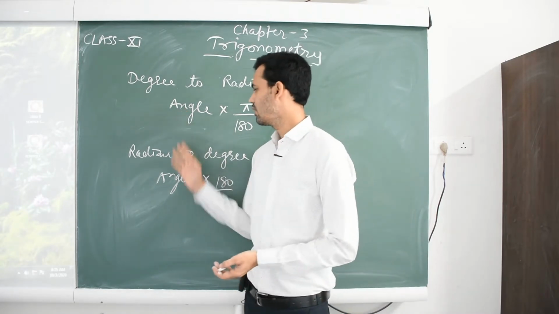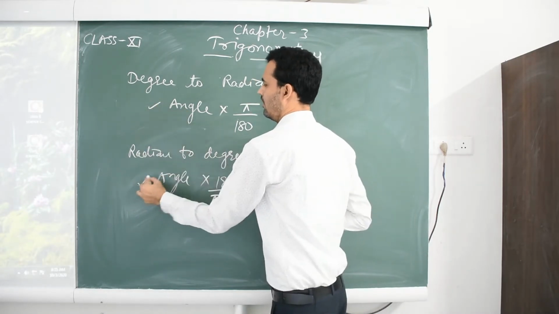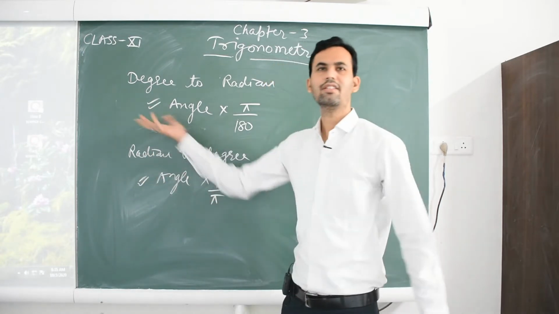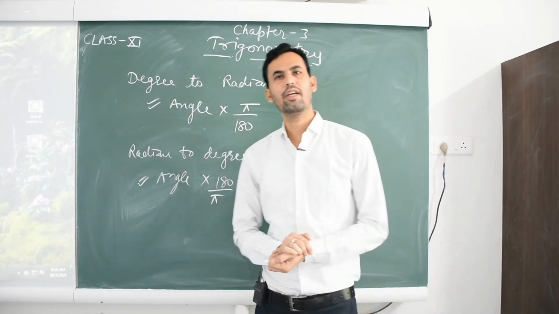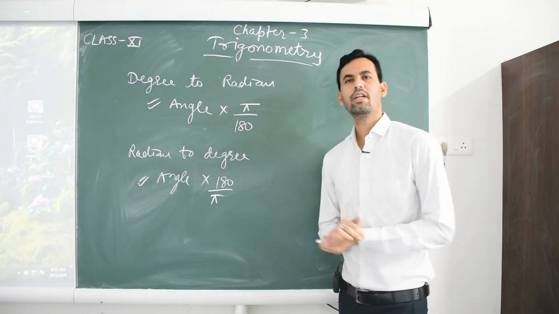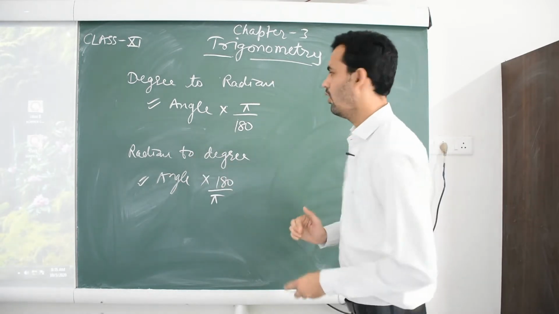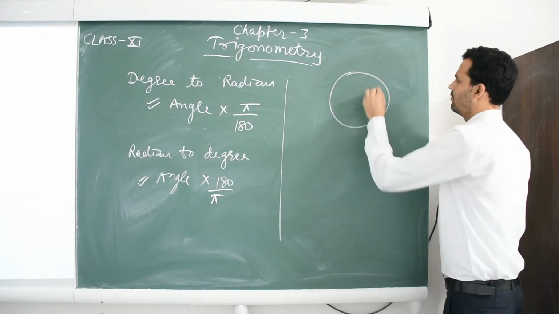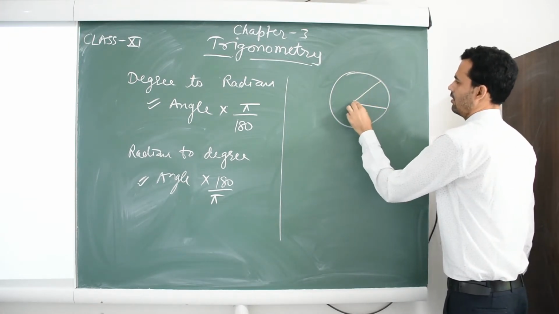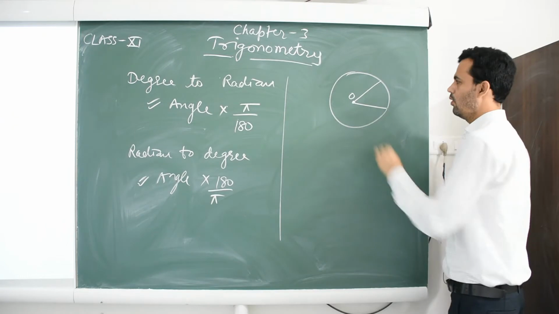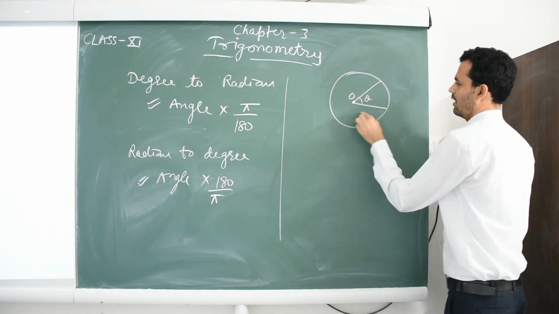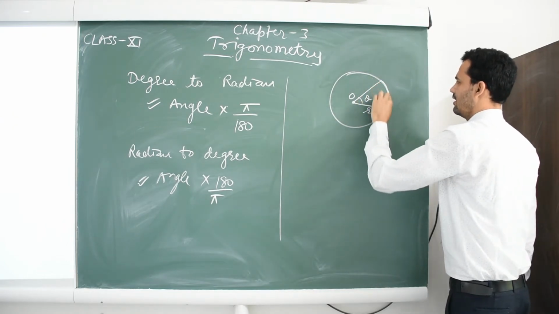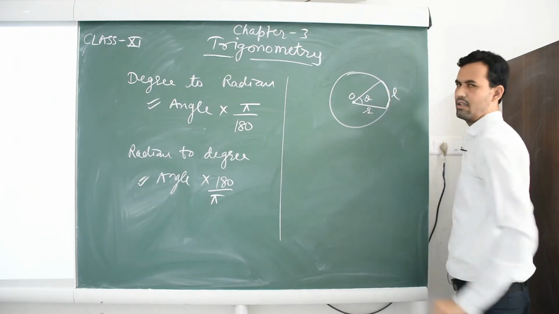So these are the two formulas or ways to change the value of angle from degree to radian or radian to degree. Also, in a circle, this is center O, angle theta, radius r, and this is called the length of arc.